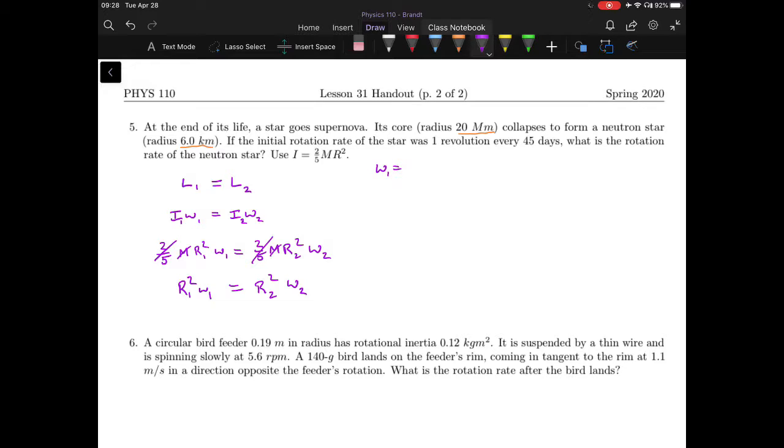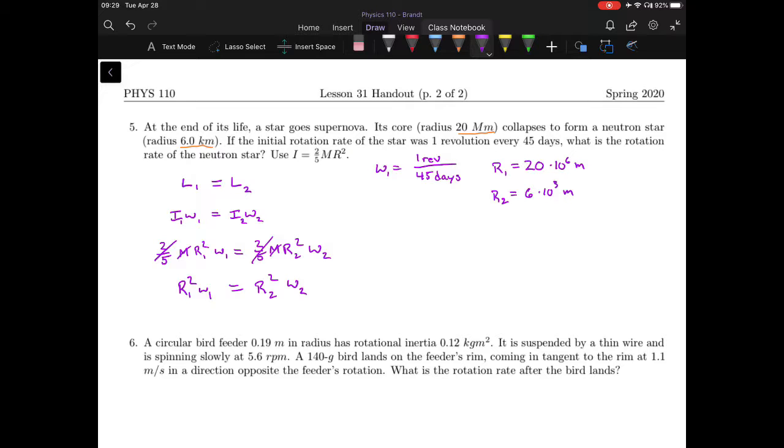So we have 1 revolution every 45 days, and we know R1 is 20 million, so that's 10 to the 6th meters, and we know R2 is, oops, not 20, it is 6 times 10 to the 3rd meters.